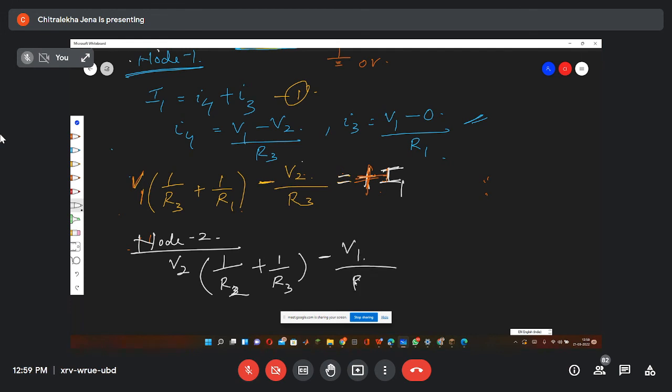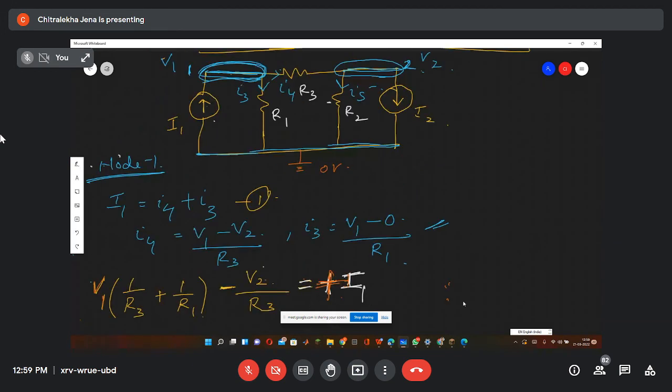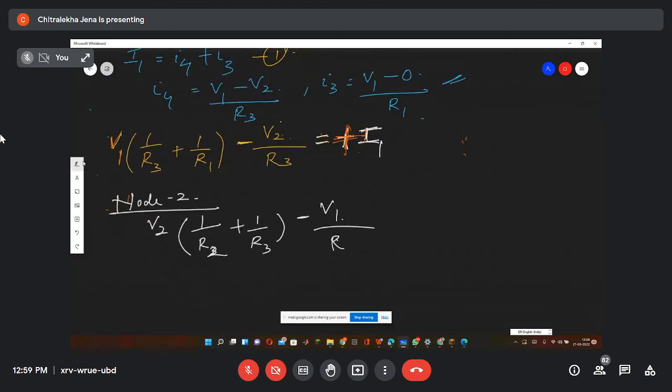R1 or R2? R3. R3. Then it will be equal to the value of the current source minus I2.